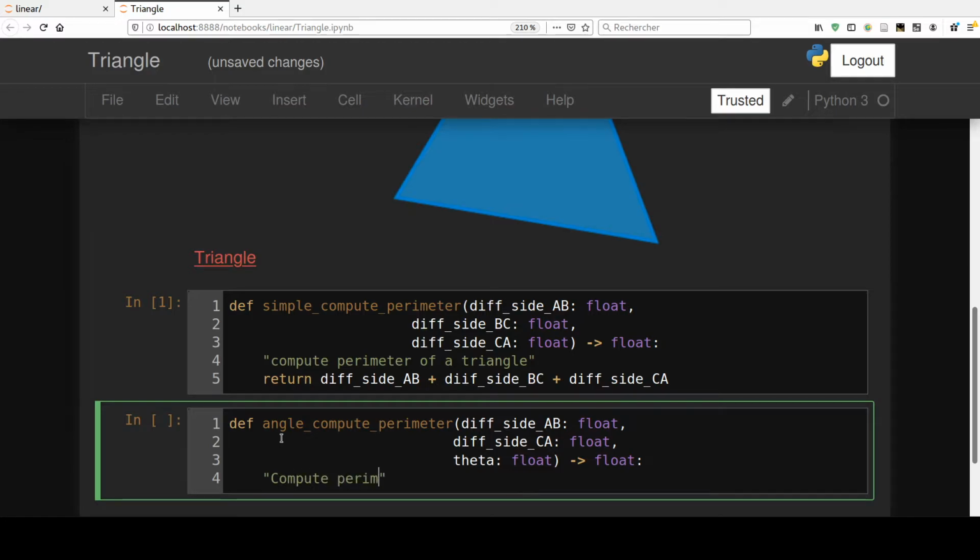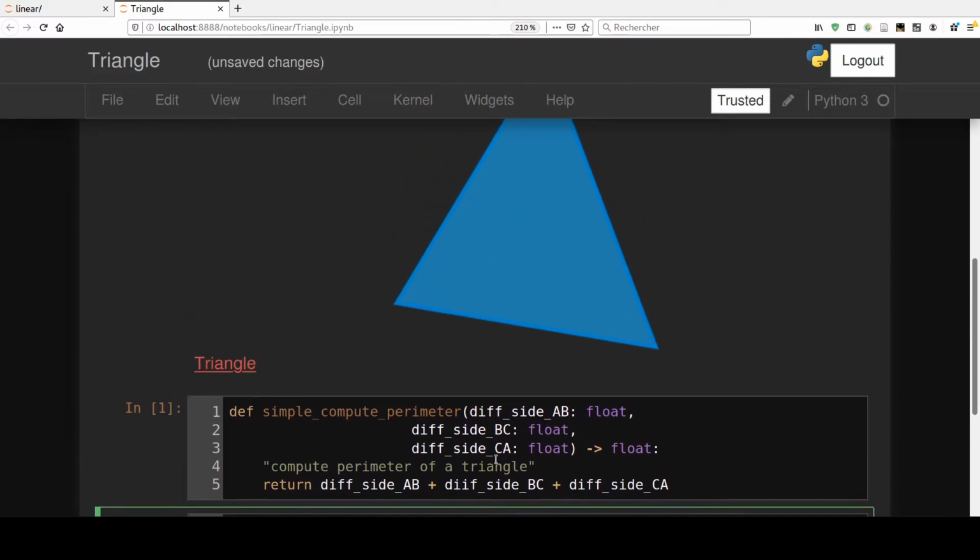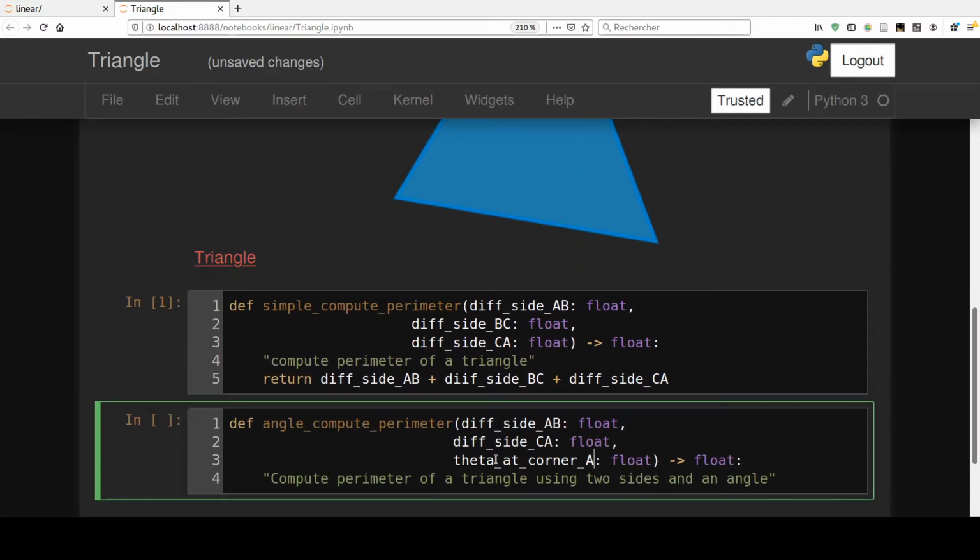Compute perimeter of a triangle using two sides and an angle. It is crucial that the theta corner is at the corner A. So the unknown side is the BC side here.